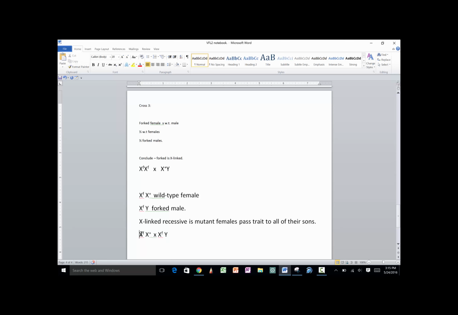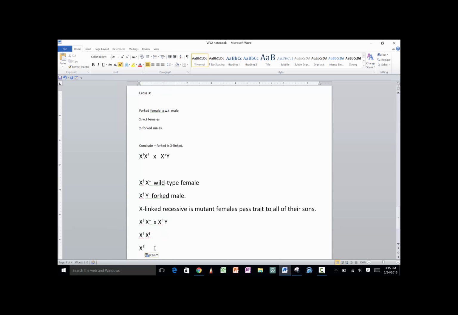We expect to get this X from mom and this X from dad. We can get this X from mom and a Y from dad.